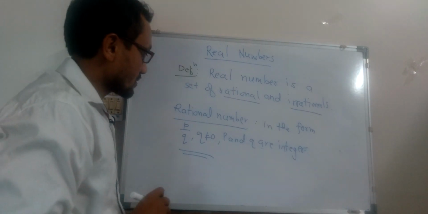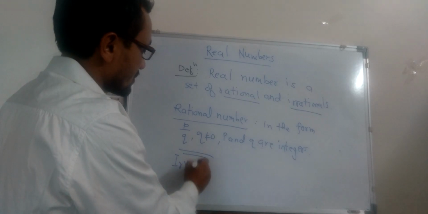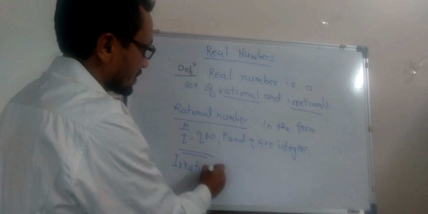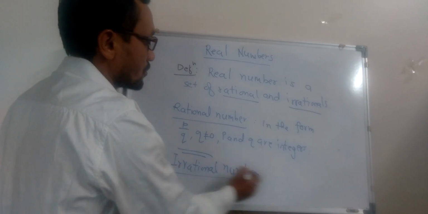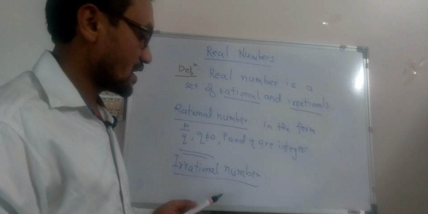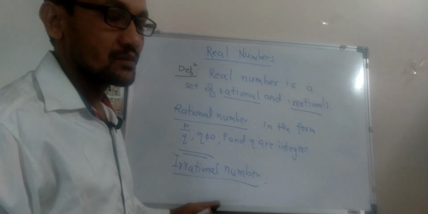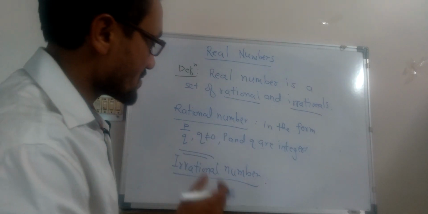Next definition is the irrational number. What is an irrational number? Obviously this is the opposite of a rational number. It is not in the form of p by q, which means the decimal part is non-terminating and not repeating.